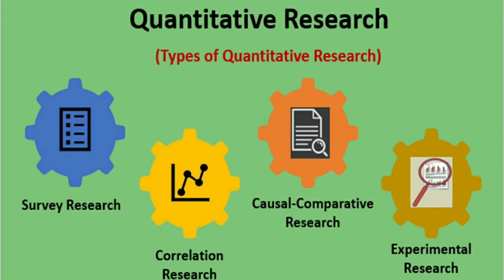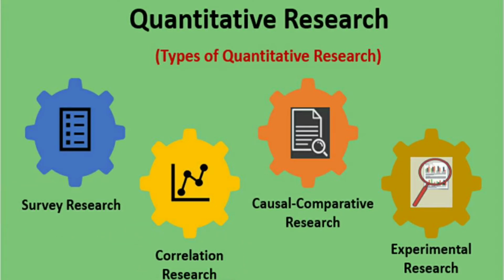Now we are discussing the major types of quantitative research. The first one is survey research. Using this method, one can conduct the survey by asking different questions of respondents using various types like online survey, online polls, paper questionnaire, etc., and then collect the data and analyze it in order to produce numerical results.